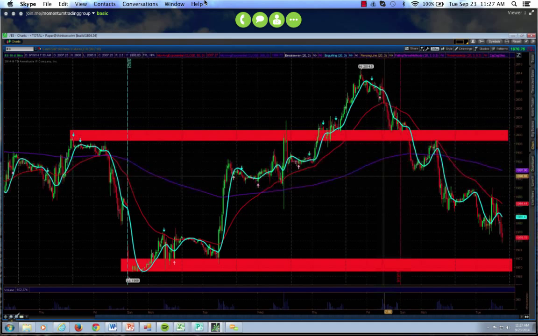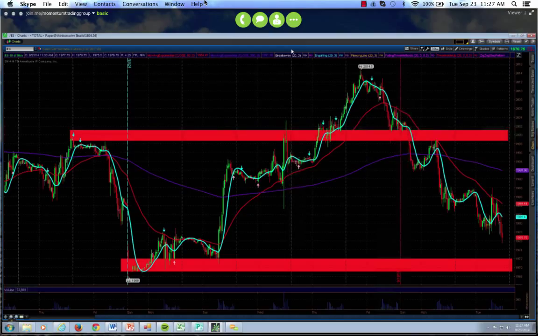So if you see the red line, do you see when we're above the red line? Notice what price does. Remember, the red line on this chart is equal to the purple line on a 5-minute. They're the same price. So you can see when price is above this line here, you can see what the price does.